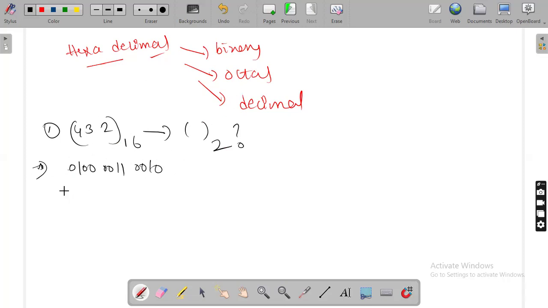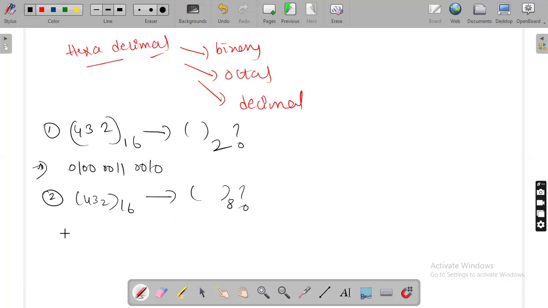Next, hexadecimal to octal. How to do it? 432 is in hexadecimal. Now convert it into octal style. Octal means base 8. First write the hexadecimal style, then convert that style into octal style.